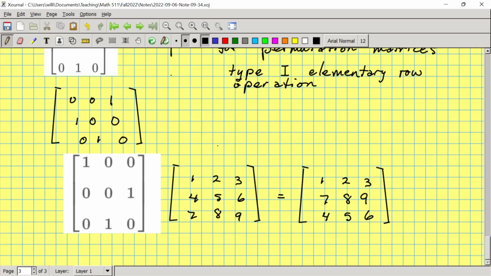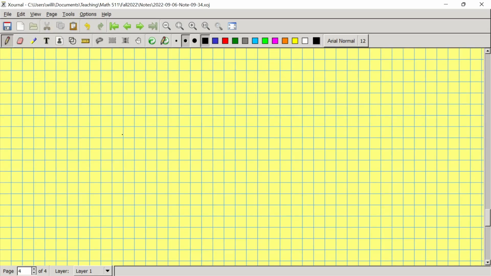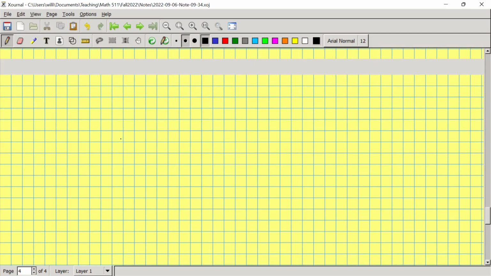Okay. What's a type 2 elementary row operation? Yeah, you multiply a single row by a non-zero constant. In other words, what if I wanted to multiply row 2 by a negative 2?